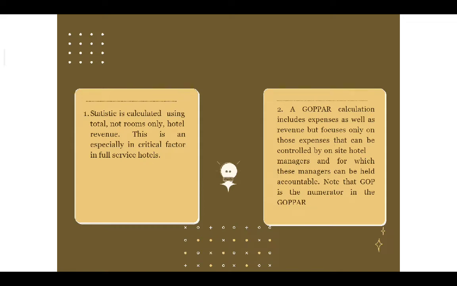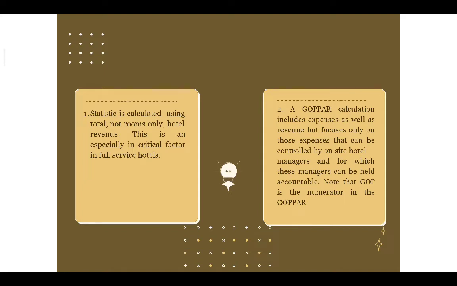This is an especially critical factor in full-service hotels. Number 2, a GOPAR calculation includes expenses as well as revenue, but focuses only on those expenses that can be controlled by on-site hotel managers and for which these managers can be held accountable.